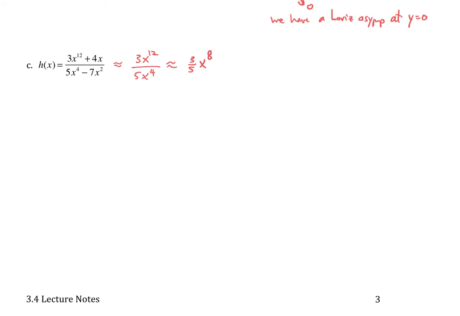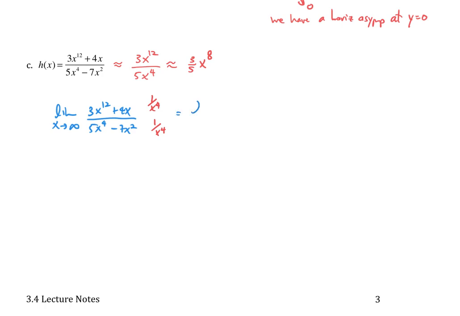Let's do it for real. Let's calculate the limit as x goes to infinity of 3x to the 12th plus 4x divided by 5x to the 4th minus 7x squared. I'm going to multiply top and bottom by 1 over the highest power in the denominator. In this case, it's 1 over x to the 4th power.